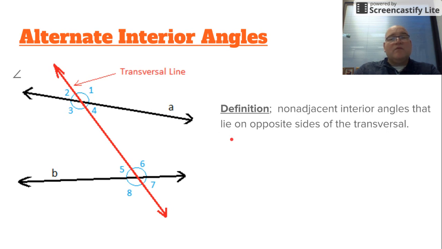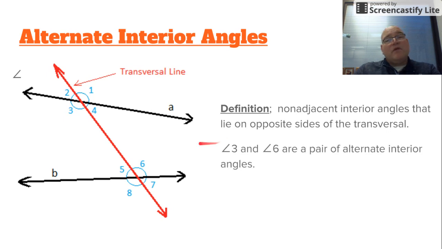Which ones do you think would be alternate interior? If you were thinking 3 and 6, you're correct. They're non-adjacent, don't share a vertex and a side. They lie on opposite sides of the transversal. What other angles would be alternate interiors?